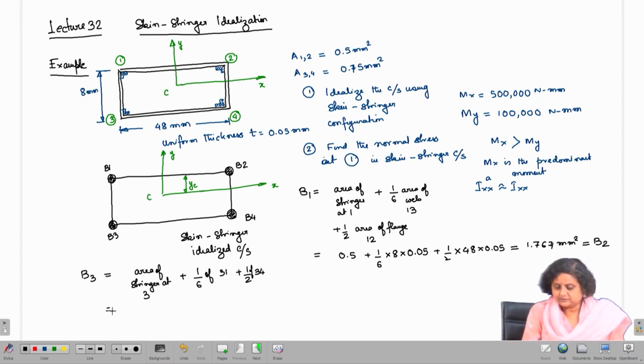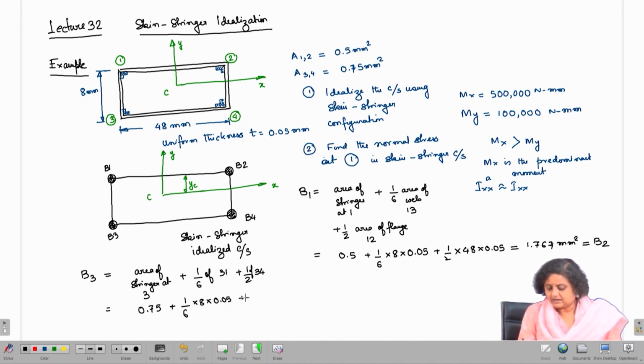If we substitute the values, the stringer at 3 is 0.75 millimeter square, and then we have 1/6 of 3/1, which is 8, into 0.05, plus half of 3/4, which is 48, into 0.05, and that turns out to be 2.017 millimeter square, which again because of symmetry is going to be equal to B4.